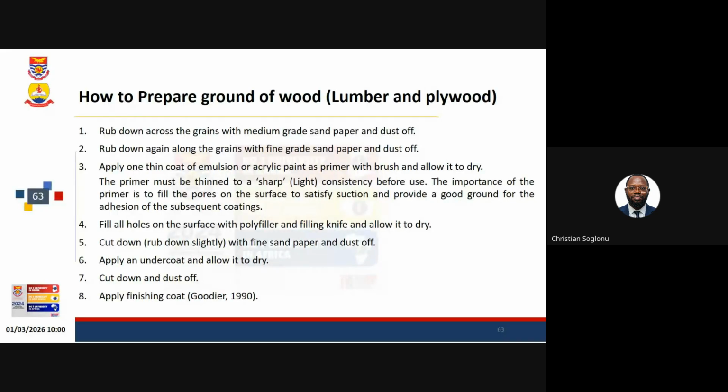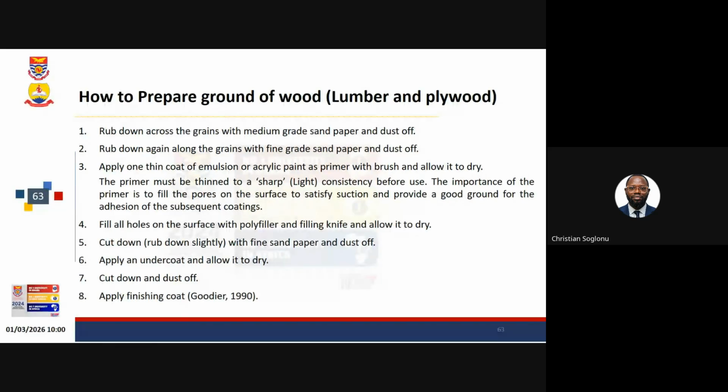Then you apply it on the surface so that all the pores will be sealed after it dries. Then fill all holes on the surface with polyfiller and a filling knife and allow it to dry.